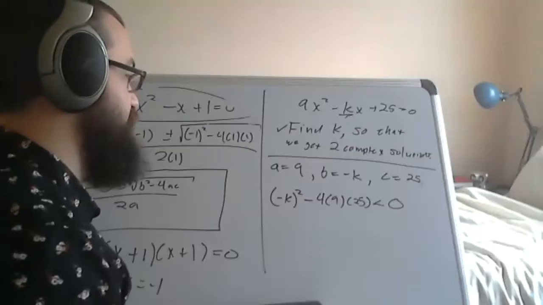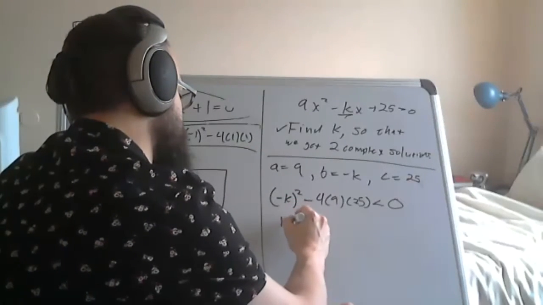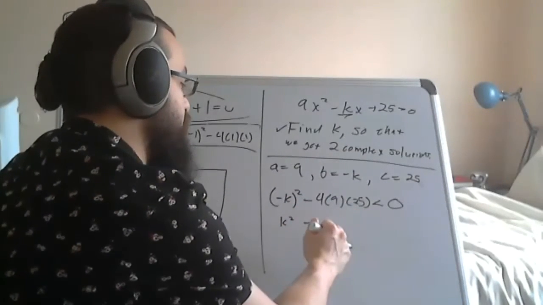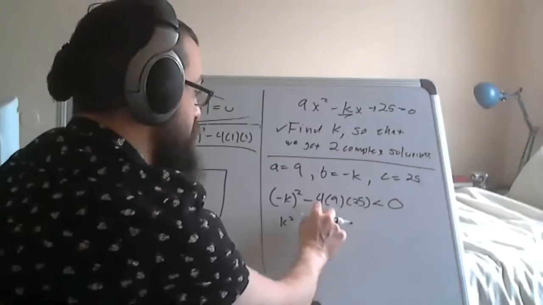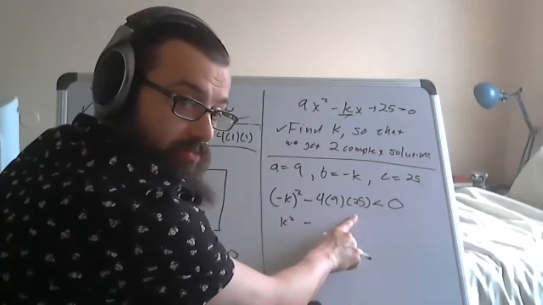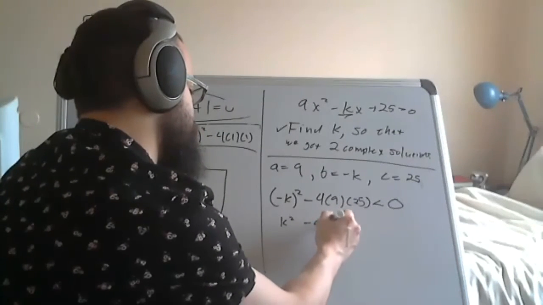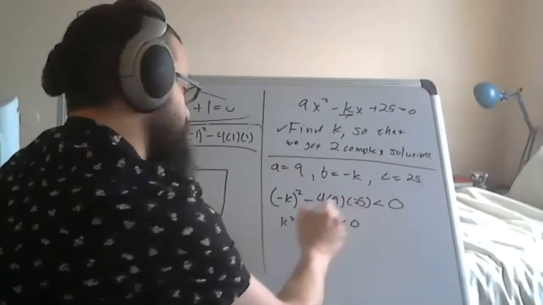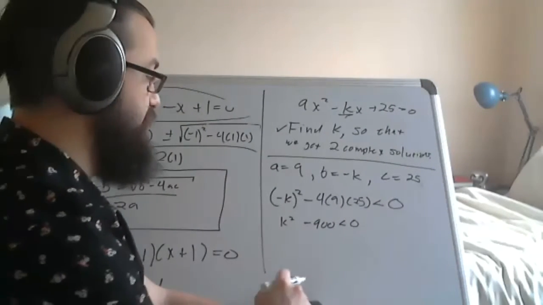And now we solve. Negative k squared is just k squared, minus 4 times 25 is 100, 100 times 9 is just 900. Still just looking for k.